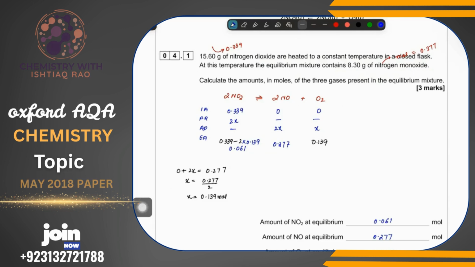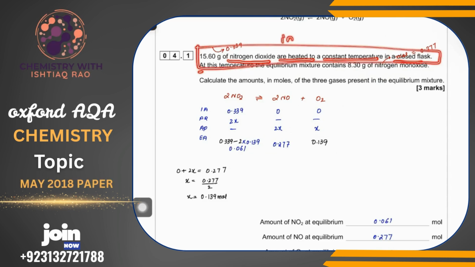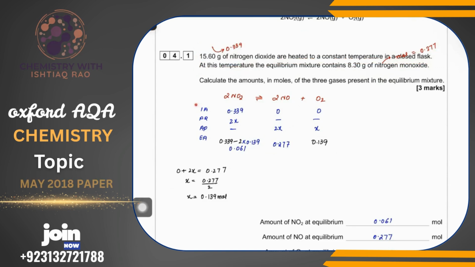Okay, so they are saying 0.339 mole of NO2 is heated to a constant temperature in a closed flask. Now the chapter is closed for the initial amount, isn't it? So I put in the initial amount, that is 0.339 of NO2, nitrogen dioxide.